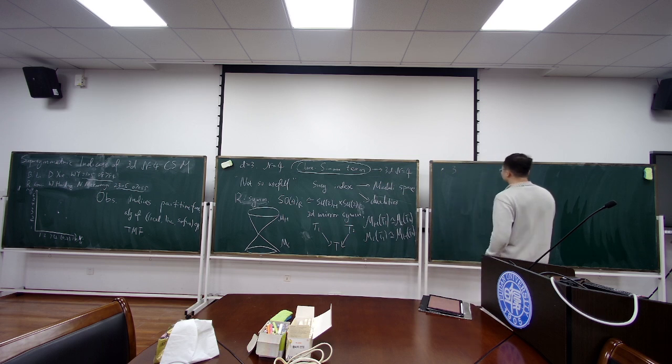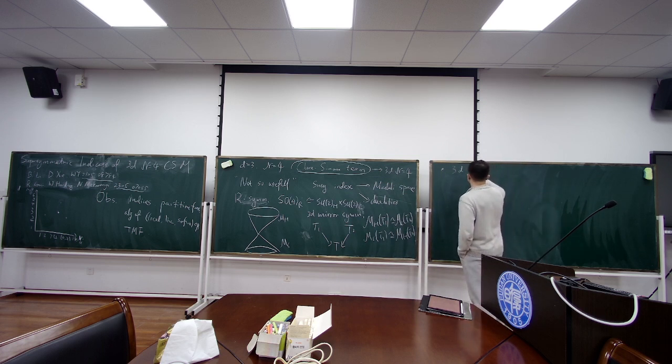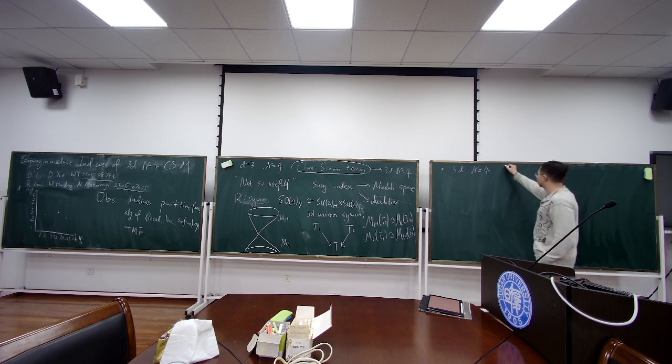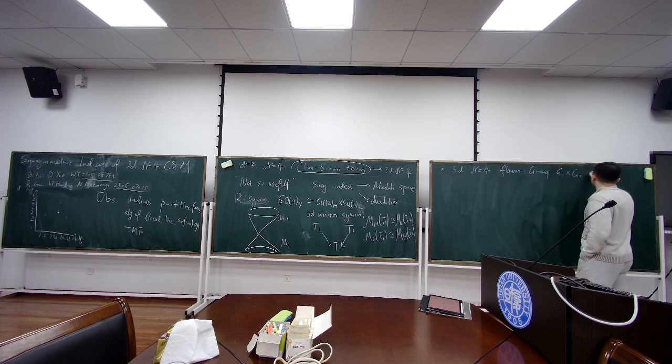The theory that I'm talking about starts from a 3D N=4 theory with a flavor group G1, G2 to GL.